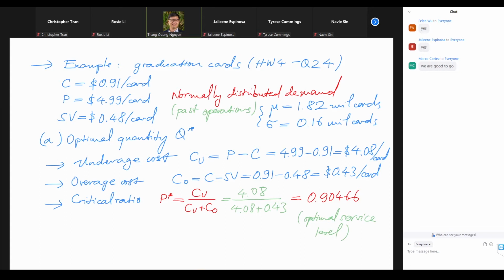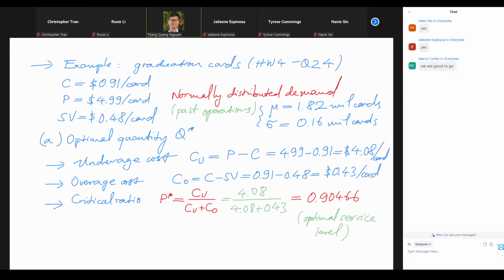So that's the meaning of the critical ratio. If we carry too little, we will not have that 90.5% service level. If we carry too much, we're going to have 95% service level, right? Then if we operate at 95% service level, maybe we carry too much, right? So the 90.4 or 90.5 service level is the point where we strike the balance between too much and too little. Okay, so that's the critical ratio.